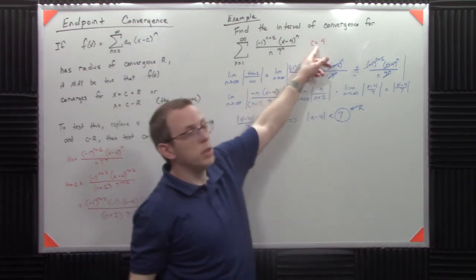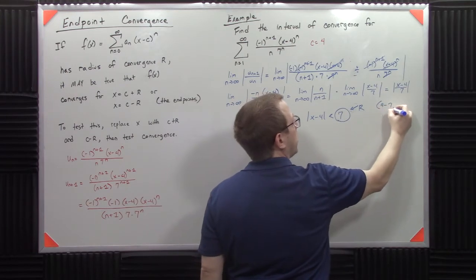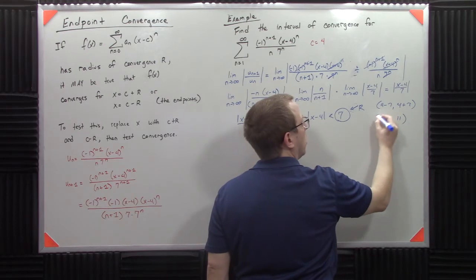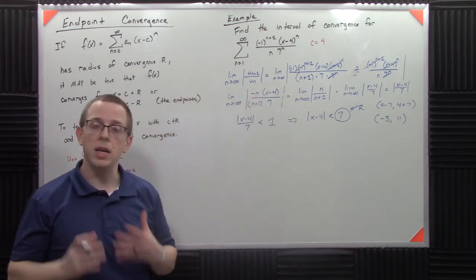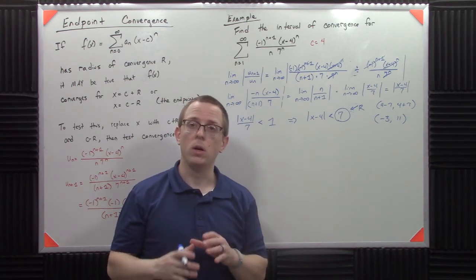And my center is 4. So my interval should be 4 minus 7 to 4 plus 7. So -3 to positive 11 is my guaranteed interval of convergence right now from the theory.